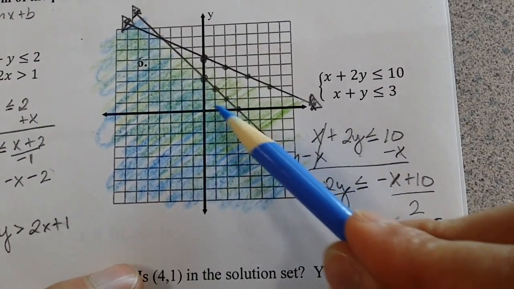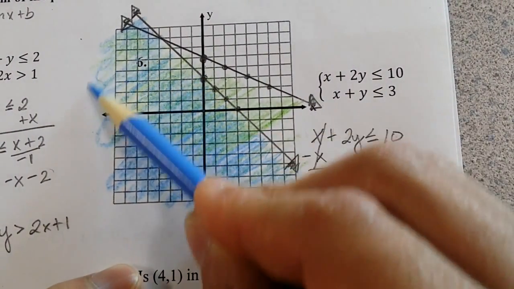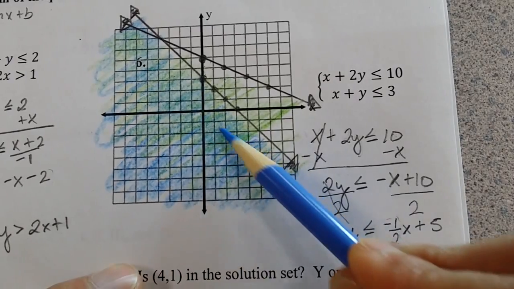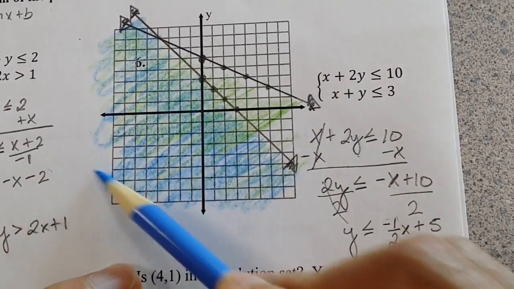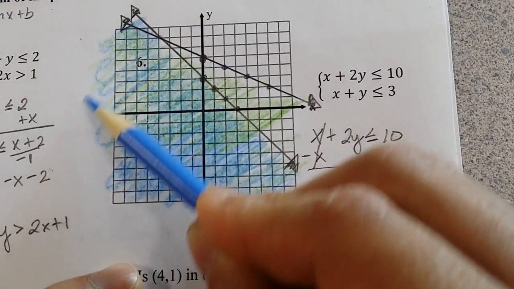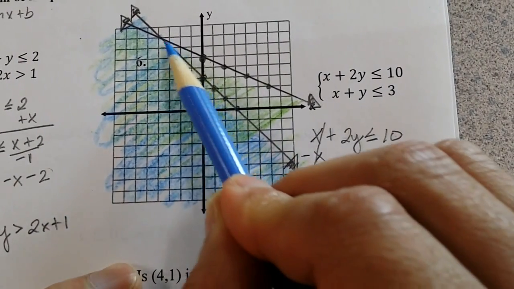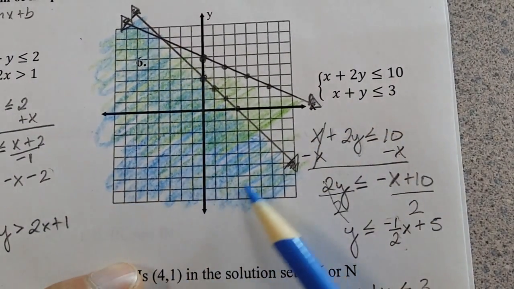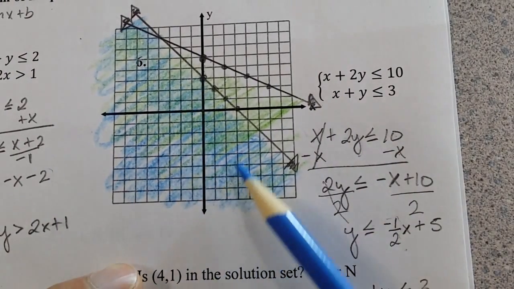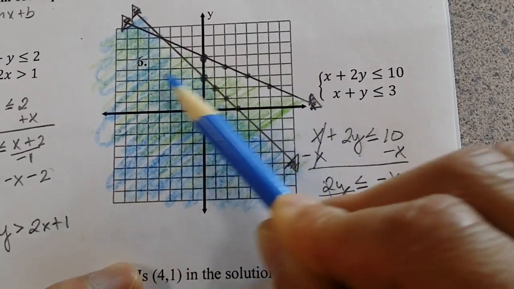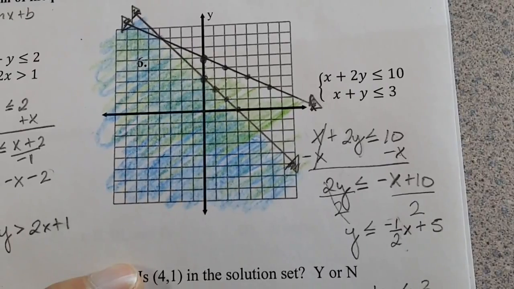So now you can see that this portion or this side is where they overlap. Both the green and the blue are overlapping right here. So any points within this area or section is a solution.